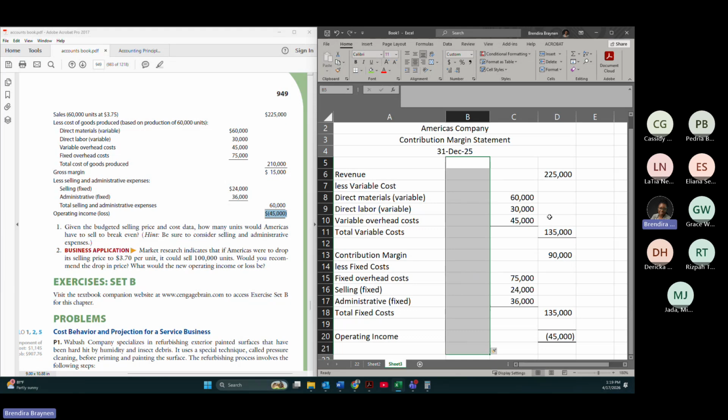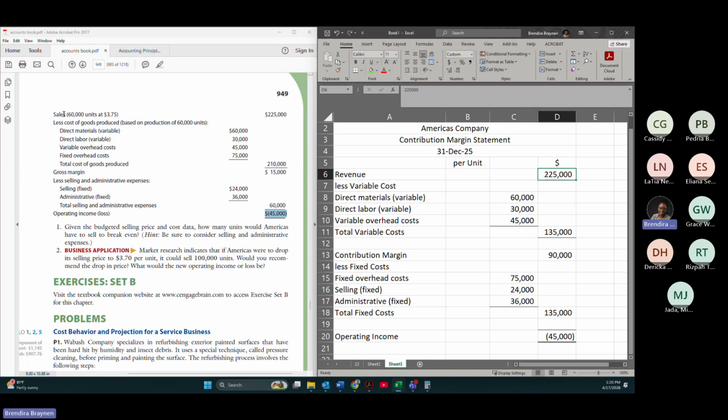With this particular statement, they like you to show it in per unit, and then they like you to show it in dollars. So this is the overall dollars, but per unit just refers to what the contribution margin is for one item. To get revenue amounts, we take the number of items we sell times the selling price.